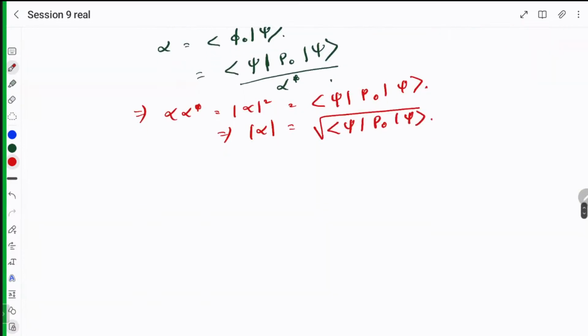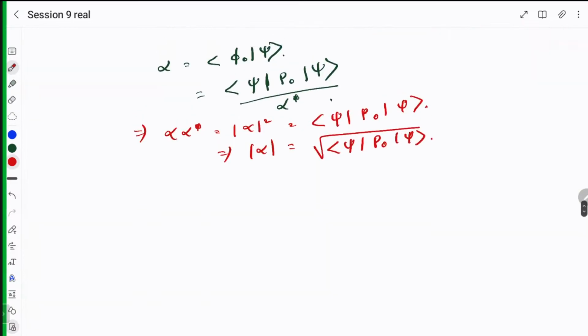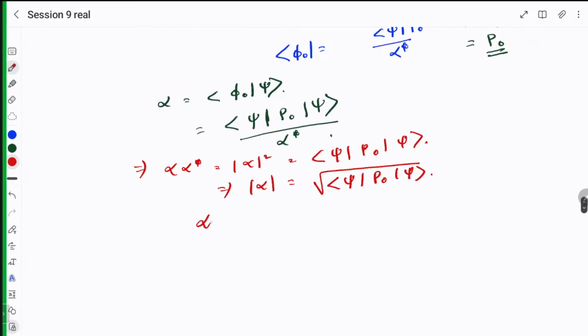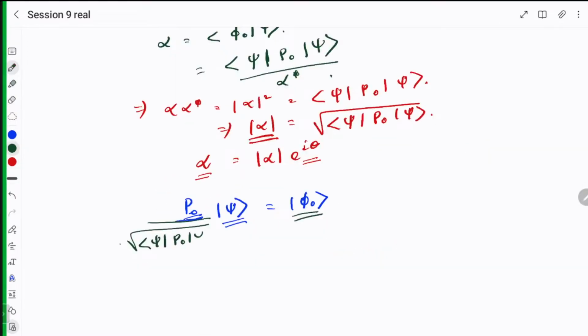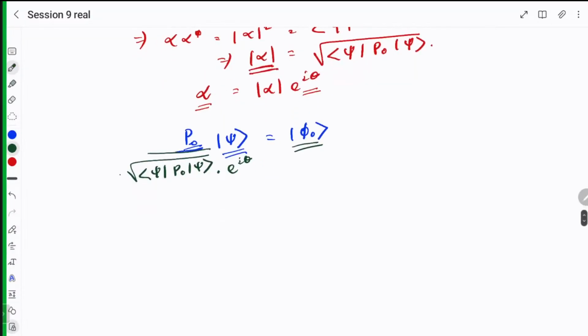So basically, we can write alpha equal to mod alpha e to the power i theta, because from this calculation we have got mod alpha, but we do not know the phase that alpha has. So we would have an e to the power i theta here, and we can take it to the other side.